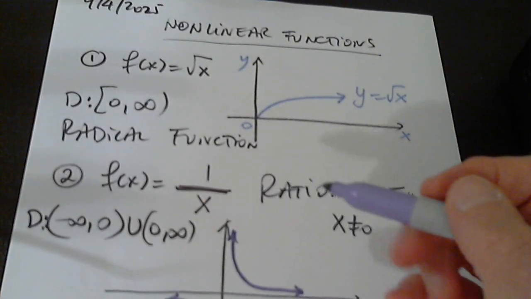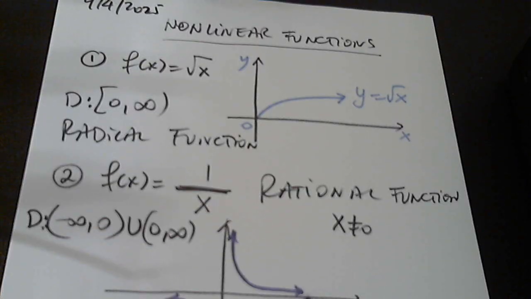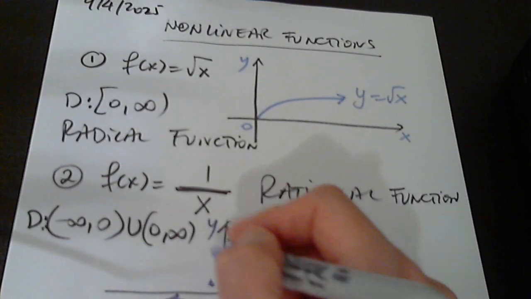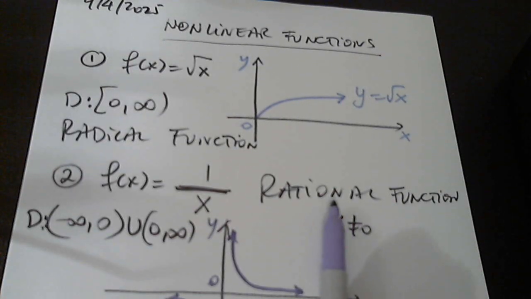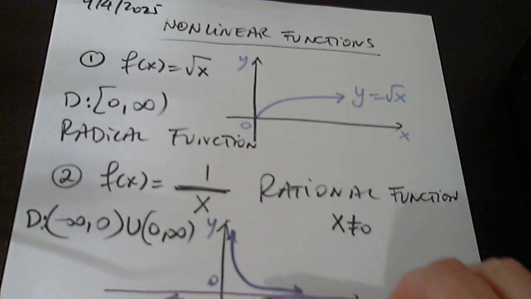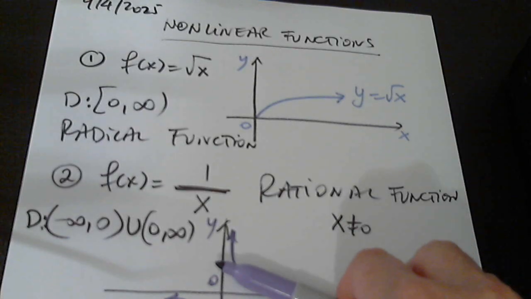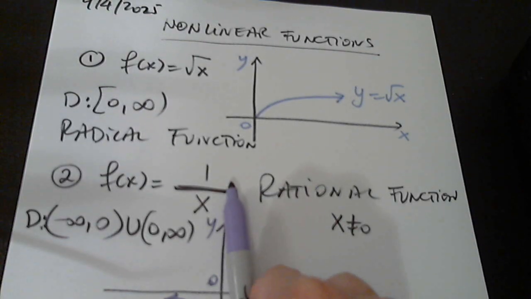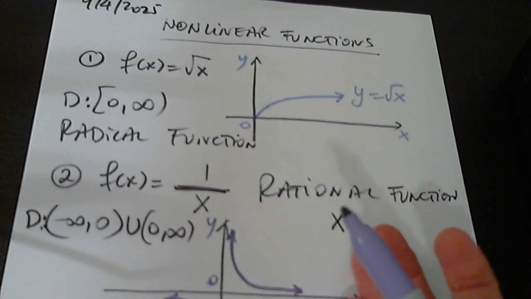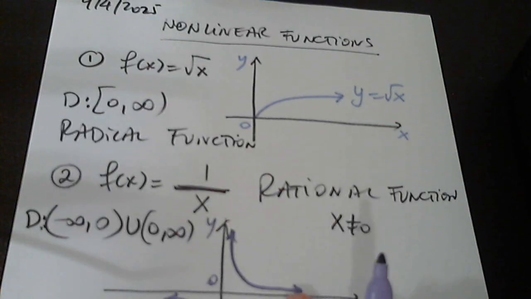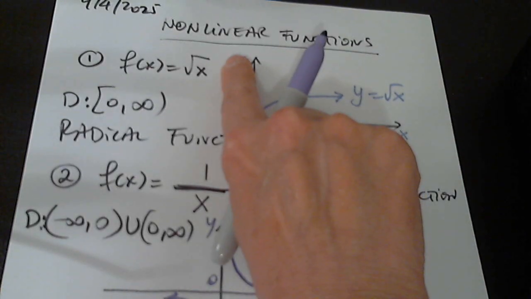Notice what happens here. As x goes to infinity, the function values get closer and closer to 0. As x gets closer and closer to 0, look what the function is doing. Meaning, as x gets closer and closer to 0, the function approaches infinity.